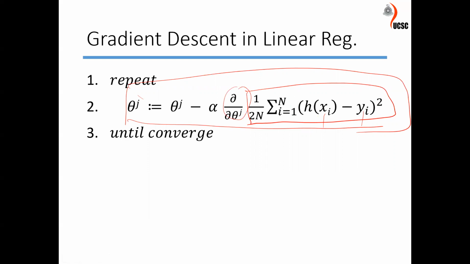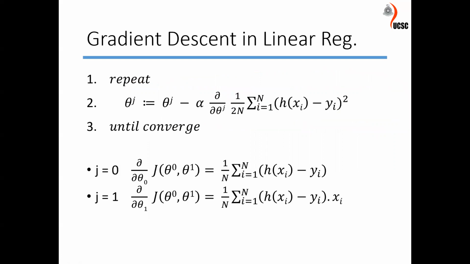So you know the cost function is coming from two thetas. So J of theta naught, theta 1 is equal to theta naught plus theta 1 x, right? Here we have x. So it's a function of theta naught and theta 1.